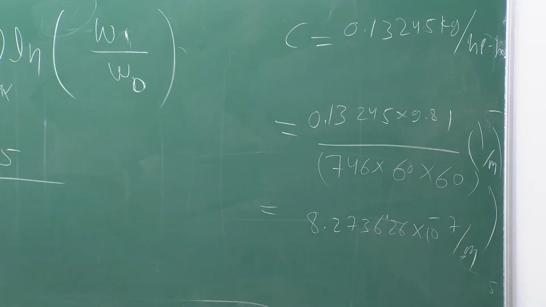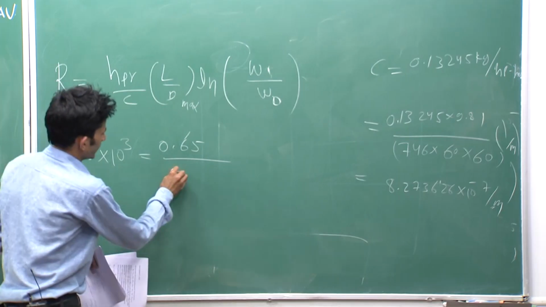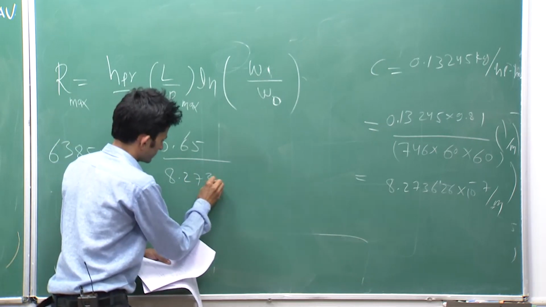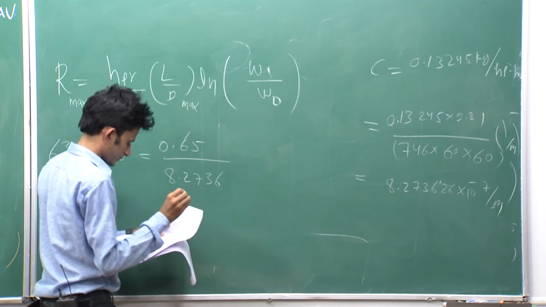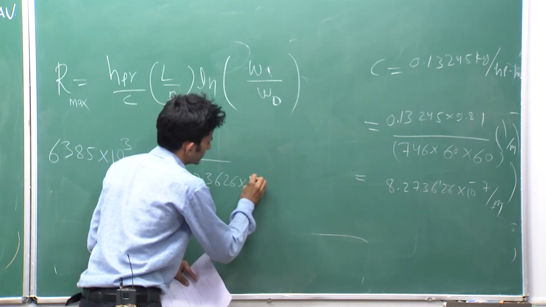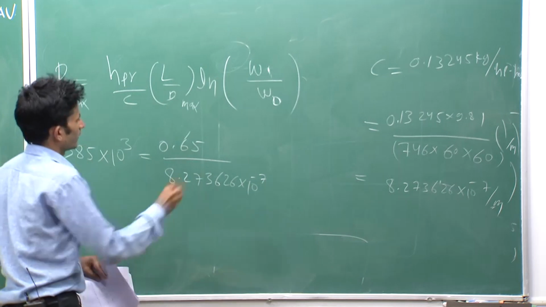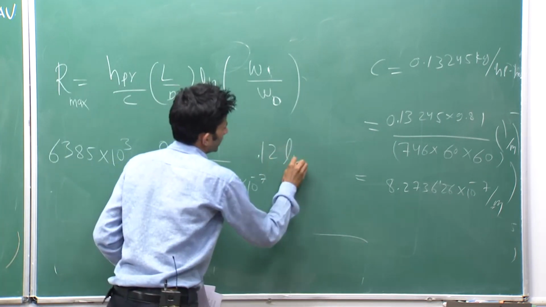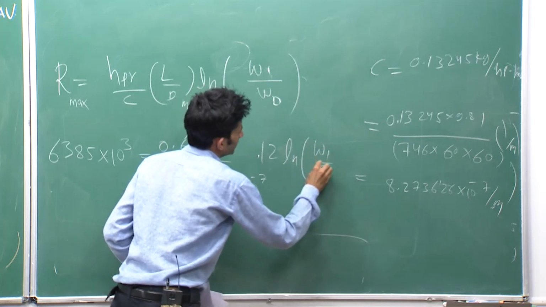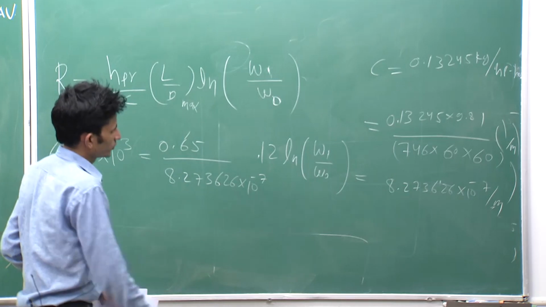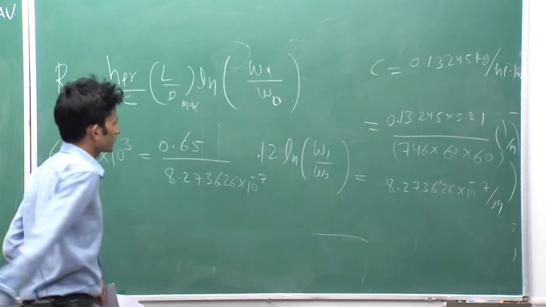Okay, so you can put in this value, 8.273626 into 10 power minus 7. L by D max is given as 12. So ln W1 by W naught. You have to take at least 5 to 6 digits in order to get the correct answer.